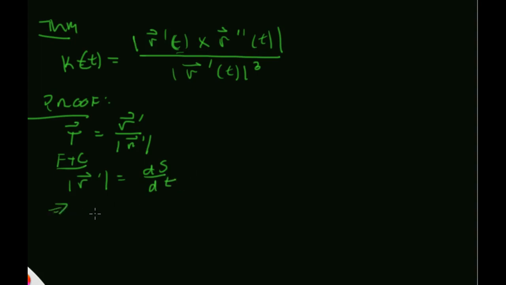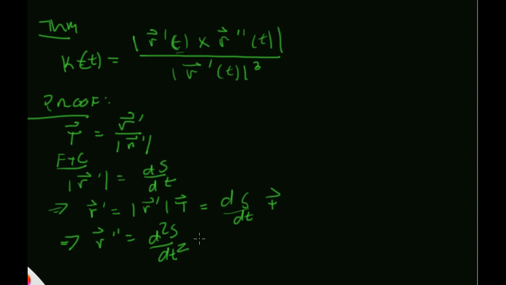So this together should imply that r prime, no magnitude on that one, is just ds/dt times T, which now, if I take the second derivative of this, I get d squared s over dt squared times big T plus ds/dt times T prime.